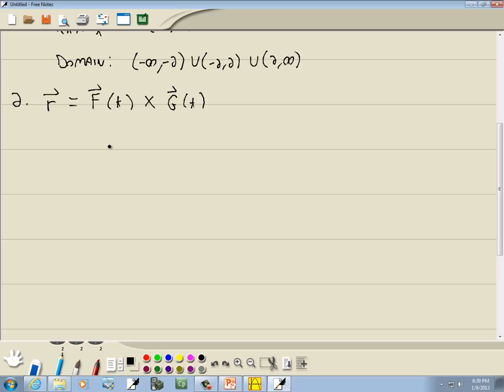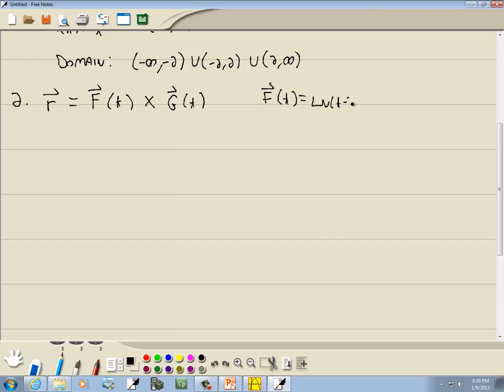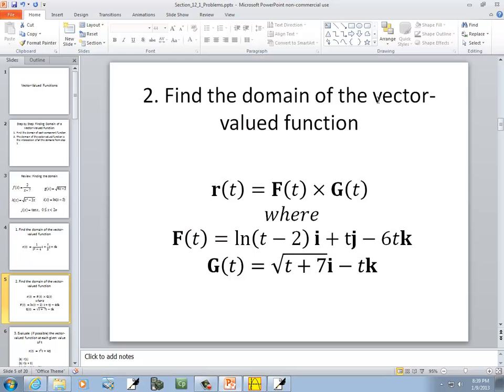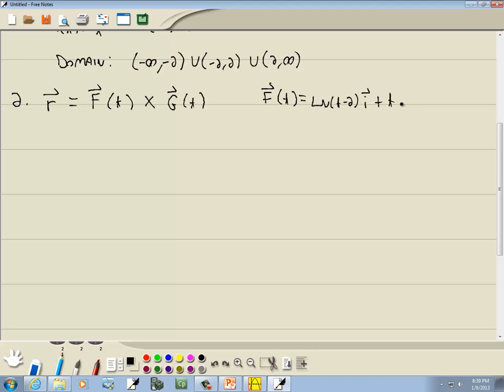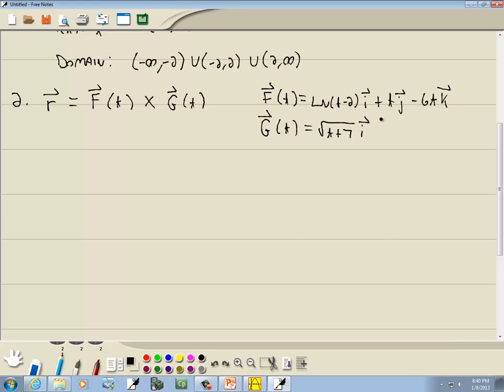And f of t is equal to natural log of t minus 2 i plus t j minus 6t k. And I'm not saying it, but the i, j, k, and so forth are vectors. And g of t, that's square root of t plus 7 i minus t k. There we go.